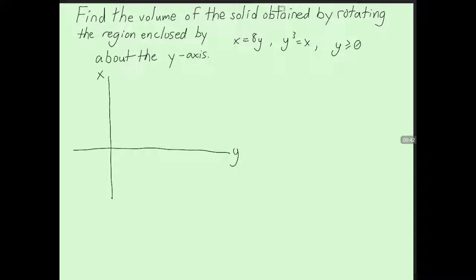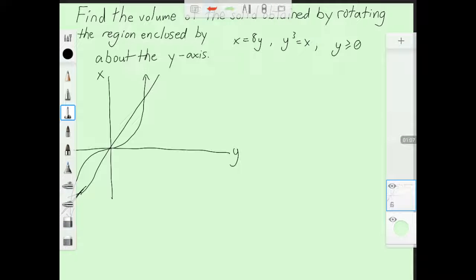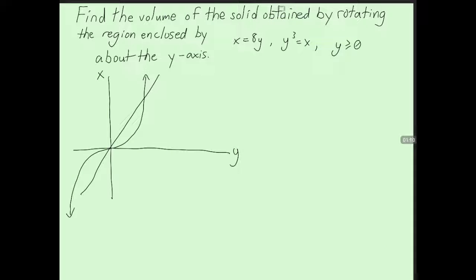So right now we have x equals 8y, which is just a straight line, and x equals y cubed, which looks something like this, which intersects the line at a point in the negative y and also at a point in the positive y. But all we care about is this region over here because y is greater than 0.